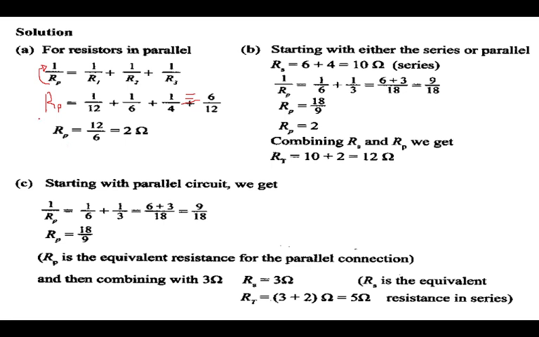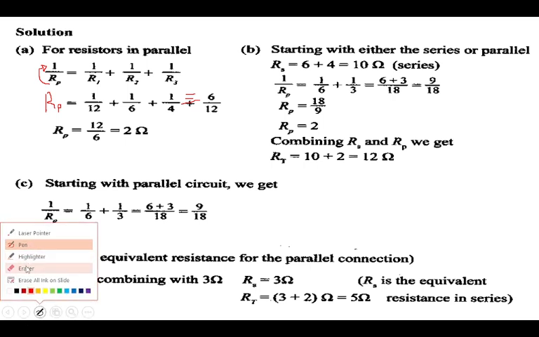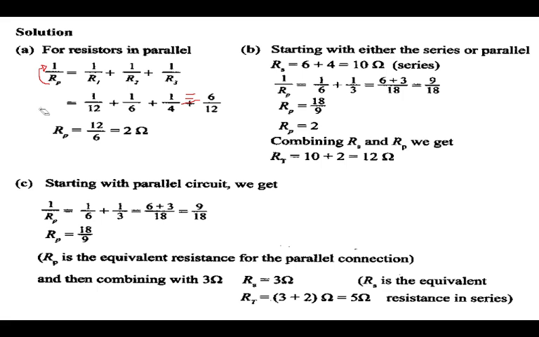An operation done to one side of the equation should be done to the other side as well. So what you do to the left hand side, apply the same to the other side. When you invert both sides, 12 will go up and 6 shall come down. So you simplify, it will give you 2 ohms as the sum.